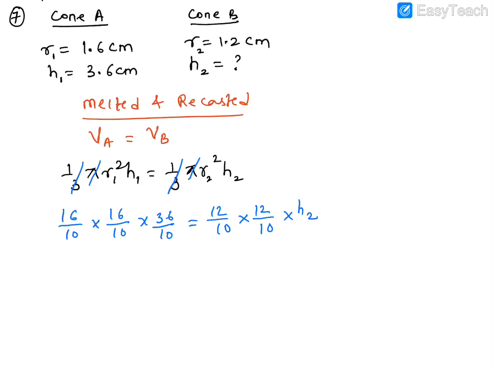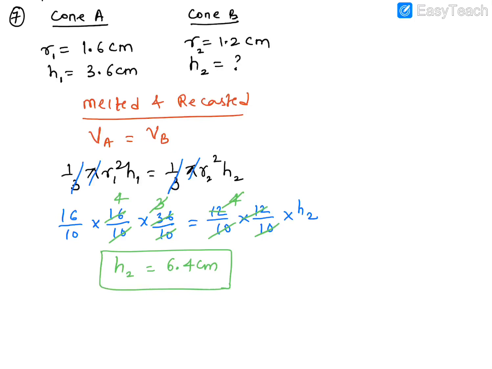So what all we can cancel? 10, 10, 10, 10. 12 ones are 12, 3 ones are 3, 4 ones are 4. So what will be H2 is equal to 6.4 centimeter. Okay, that's your final answer.